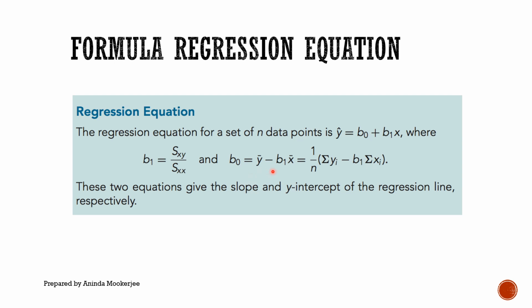Now b sub 0 has two formulas really. The first one is the defining formula and the second one is the computing formula. So we'll work on an example using these. These two equations give the slope and y-intercept of the regression line respectively.